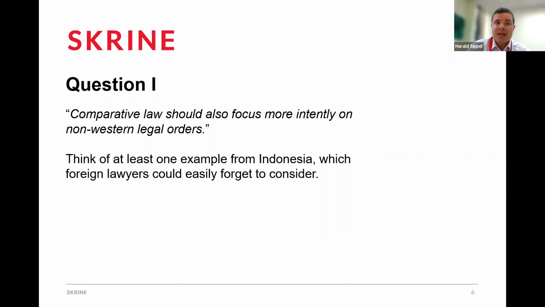Yes, thank you. All of these answers are right. And depending on what legal system one comes from, not knowing this, one may get very confused by only looking at the law itself. So I was specifically asking this question because I'm sure you are most familiar with the Indonesian legal system.